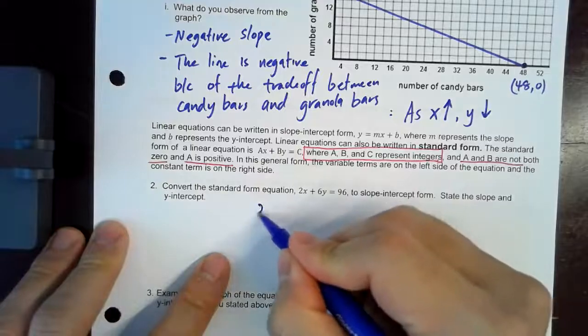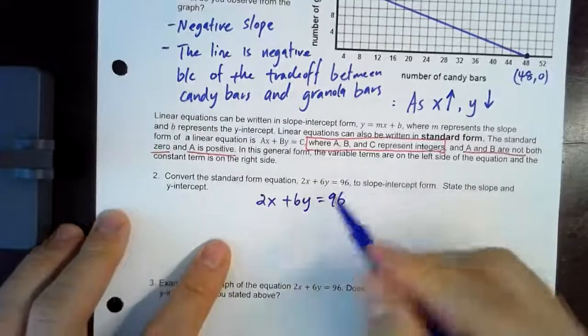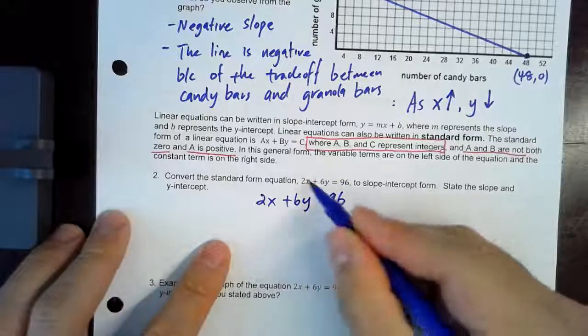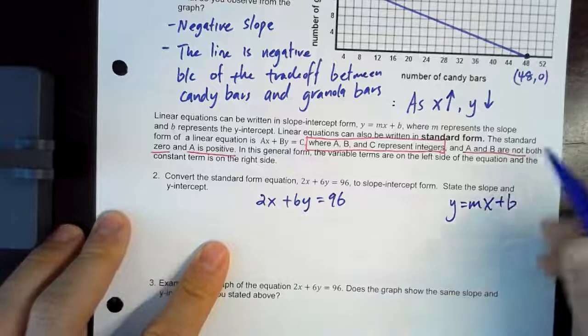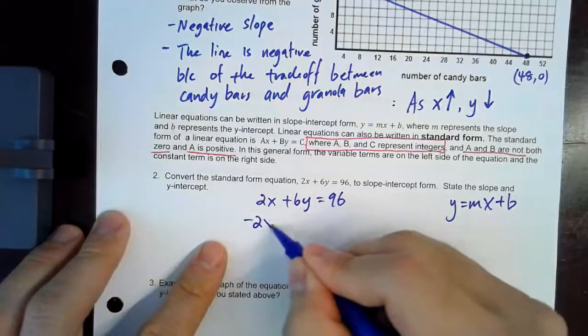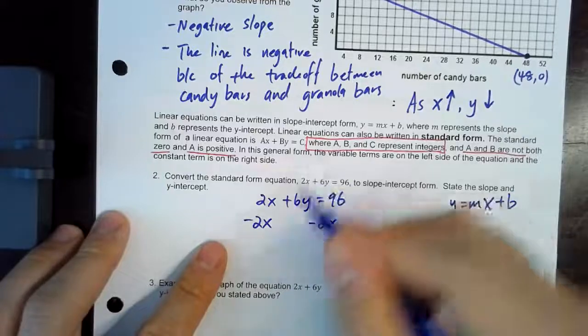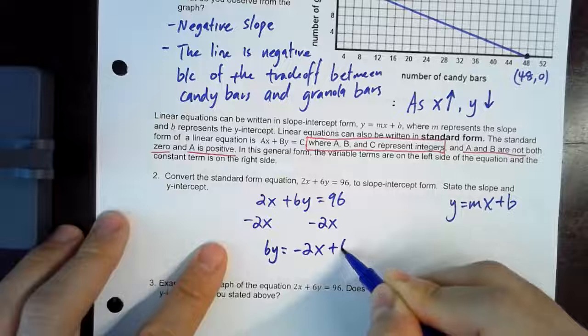Okay, so let's go ahead and convert. Convert the standard form equation 2x plus 6y equals 96 to slope-intercept form. This is hopefully a simple process for you. You know that our goal for slope-intercept form is y equals mx plus b, essentially saying isolate your y variable.